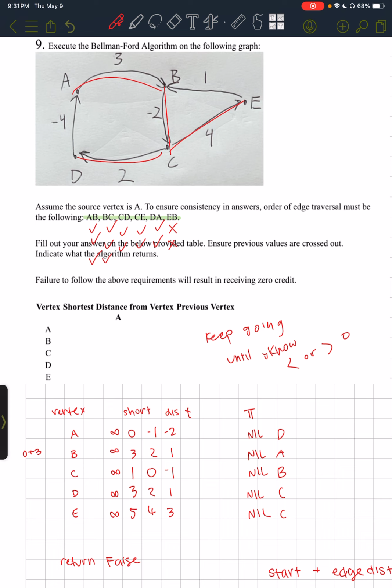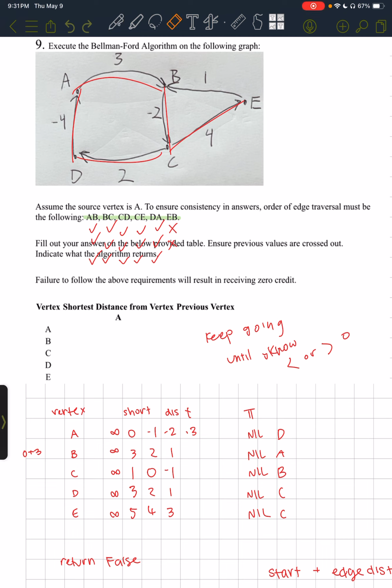And then the next one is D to A. D is 1 minus 4, so it's negative 3. And then the next one, E to B, is 1 plus 3, which is 4. We don't need that because it's bigger than what B already has, which is 1.